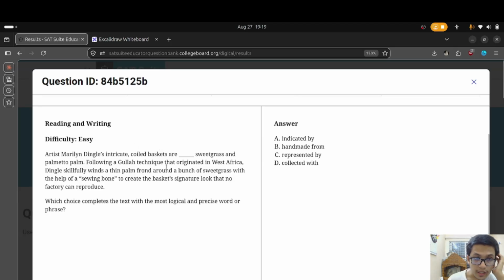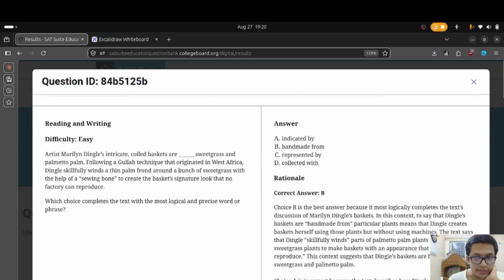Let's look at the second line. It says Dingy skillfully winds the palm around a bunch of sweetgrass with the help of a sewing bone, which means they use sweetgrass and the palm to make it. That means we can say it is handmade from. So the option should be B. Let's check it. Yes, the correct option is B.